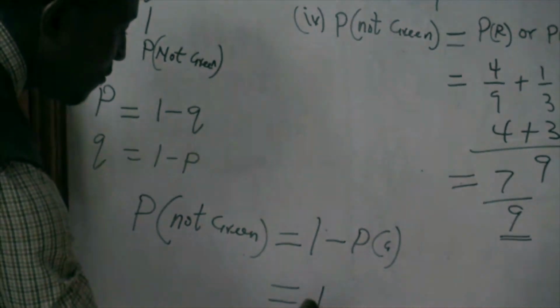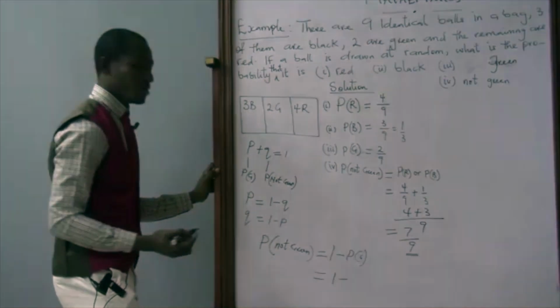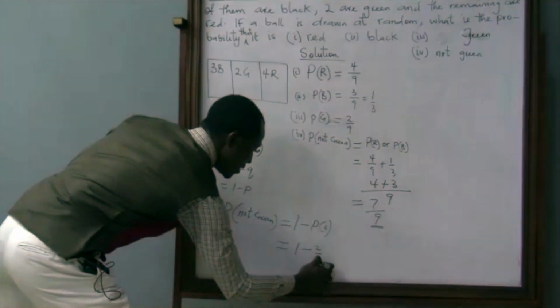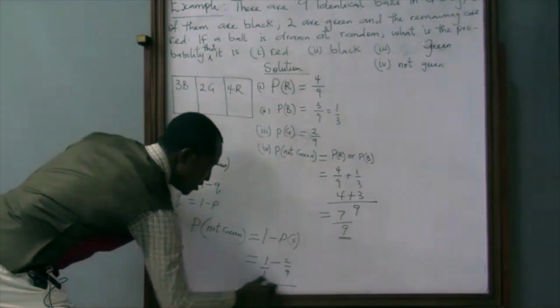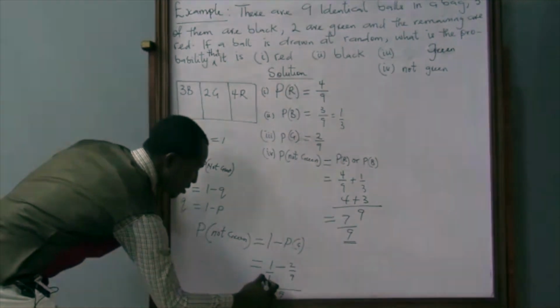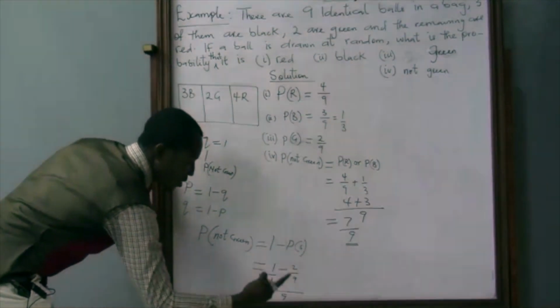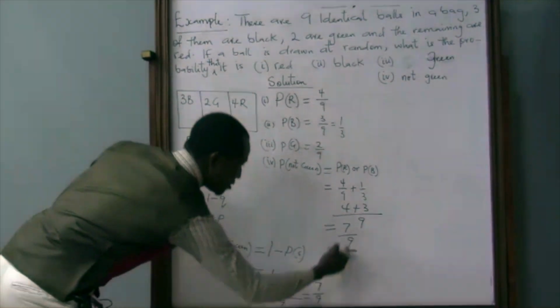And I have done that before. The probability of picking a green ball is 2 divided by 9. So that's 1 minus 2 divided by 9. The LCM is still 9. 9 times 1 is 9, 9 minus 2 is 7. So it's 7 divided by 9.